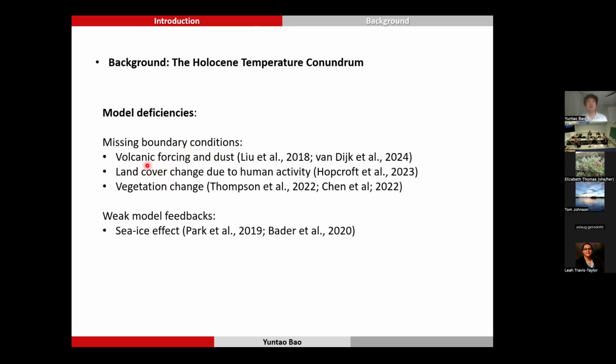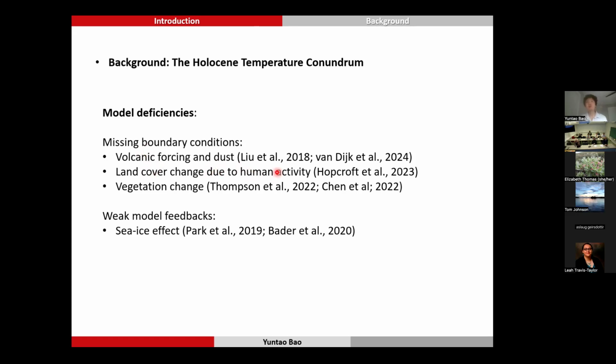Another one is the land cover change, because during the late Holocene, due to the increase of human activity, land cover changes and reduces the albedo, and increases the thermal absorption of the land.